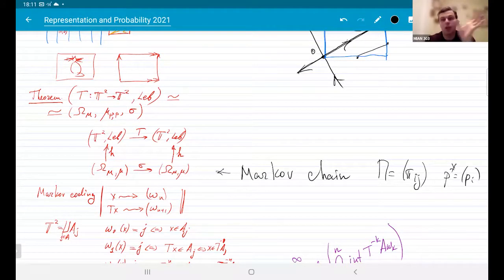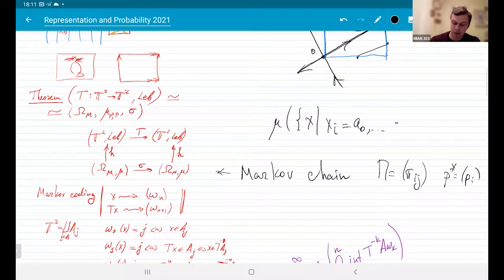To define this measure, you consider the set of all sequences, infinite in both directions, that at some fixed segment of indices have prescribed values: x_i equals a_0, and so on up to x_{i+k} equals a_k.